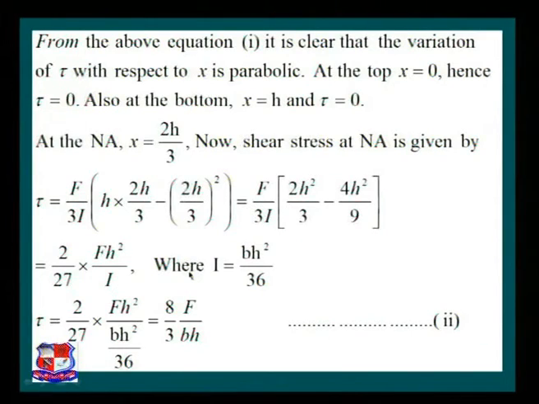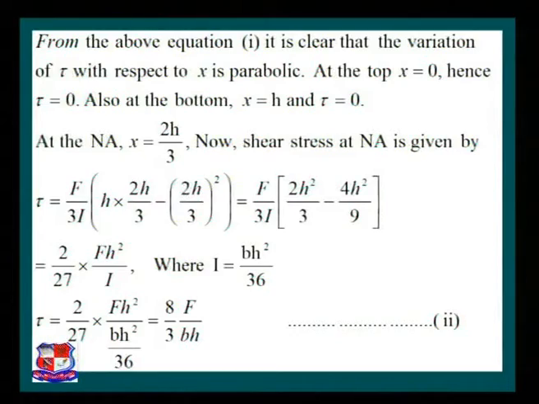So from equation number 1, it is clear that the variation of tau with respect to x is parabolic in nature. At the top, x is equal to 0, so the value of tau is equal to 0, because we have to replace y is equal to x. In that case, the bracketed term will become 0 and hence the value of tau becomes 0. Also at the bottom, x is equal to h, tau is equal to 0.